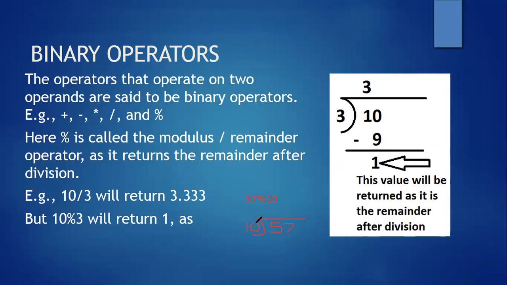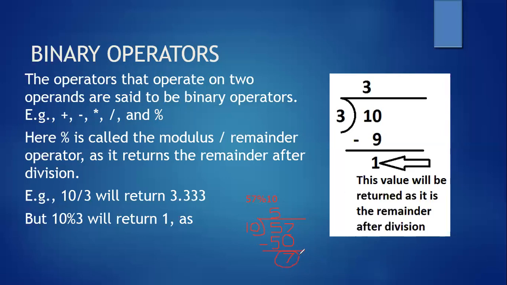10 ones are 10, 10 twos are 20, 10 threes are 30, 10 fives are 50. Clear? Now what is left? 7. 57 minus 50 is 7. Now is 7 divisible by 10? No. So what value will it return?